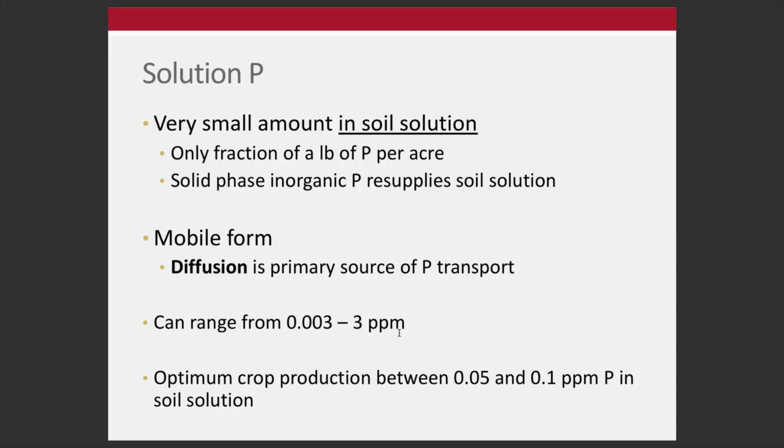For optimal crop production, this is highly dependent, but a general rule is from 0.05 to 0.1 ppm is what we'd ideally like for crop production, okay? So it can range quite a bit, but it's still in a very small concentration in terms of what's in that soil solution.